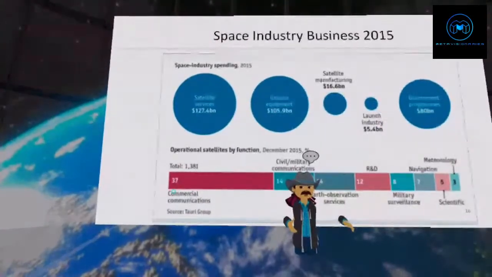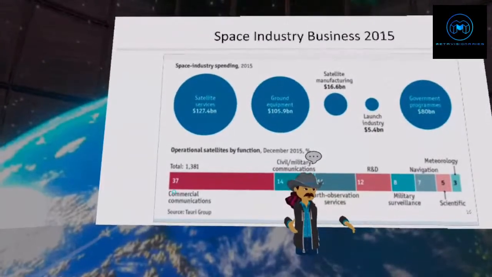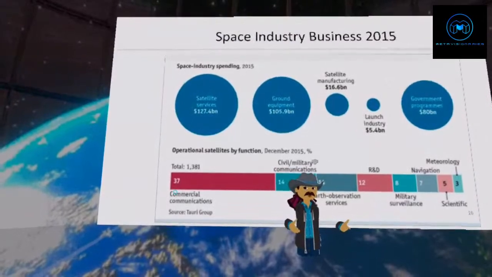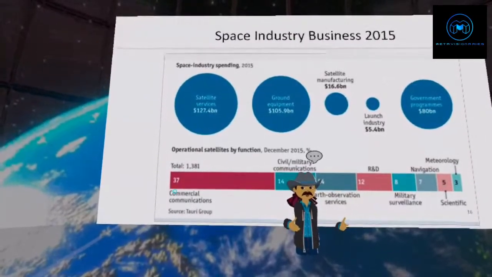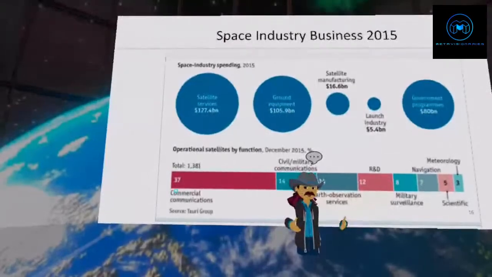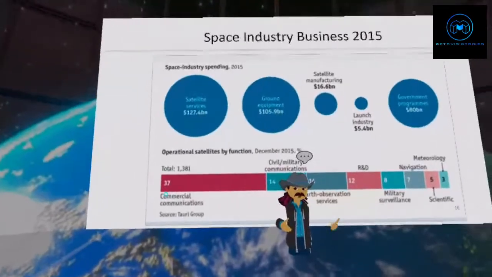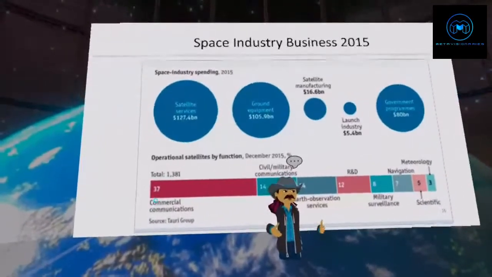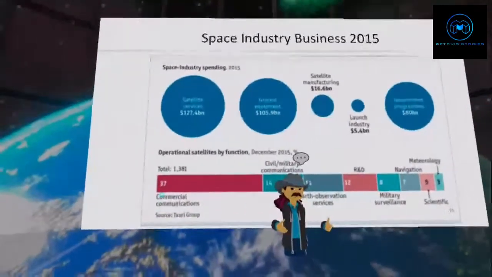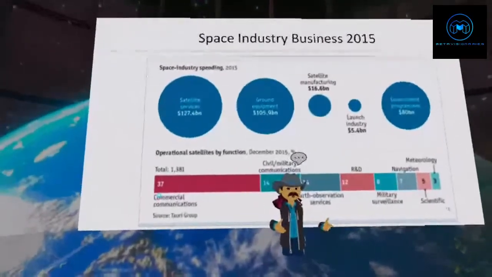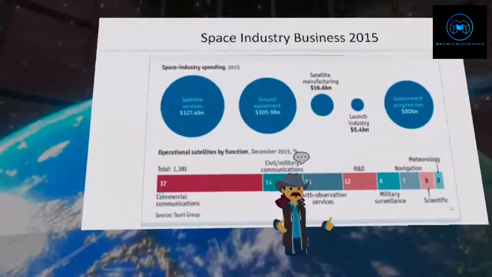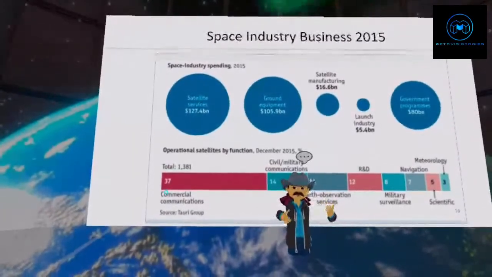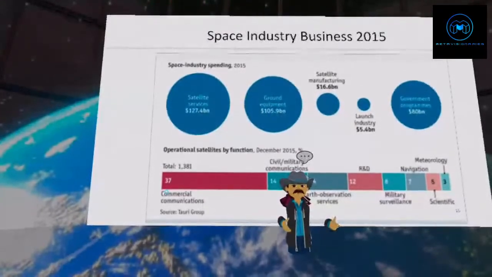Here's the space industry as of 2015, and again, a little bit old, but it's still pretty valid. This shows you that satellite services, and by this I mean direct broadcast, people receiving television, movies, telecommunications, is by far the largest business in space, 127 billion US dollars. Ground segments is about 100 billion. That's all the receiving dishes, all the GPS receivers.